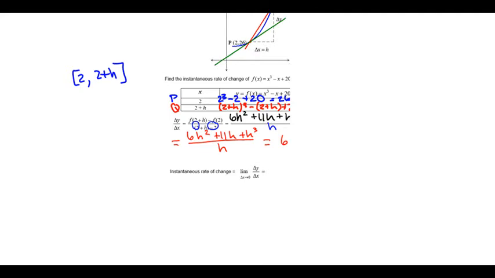So delta x is equal to h. So we want to know the limit as h approaches 0 of delta y over delta x.